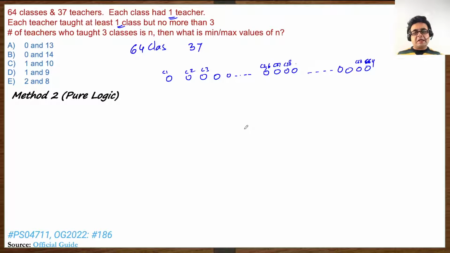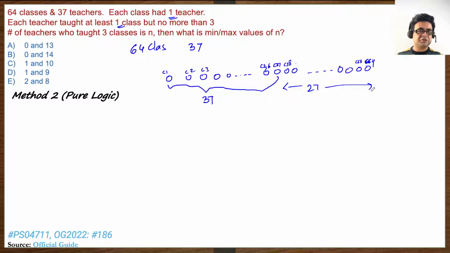Okay, now I have been given that there are 37 teachers. And I'm clearly given that each of the teachers gets at least one class. So let me just say that the first 37 classes right here are taken by my teachers. So each teacher now has one class.